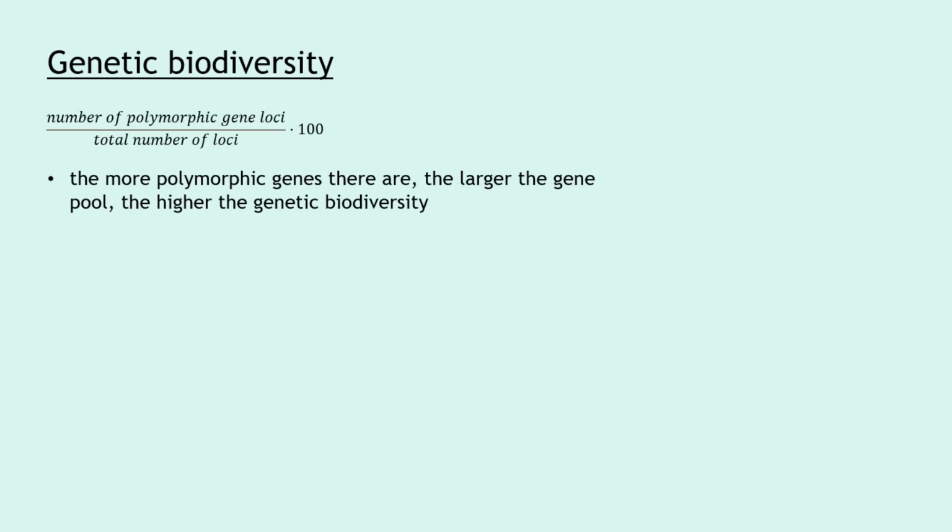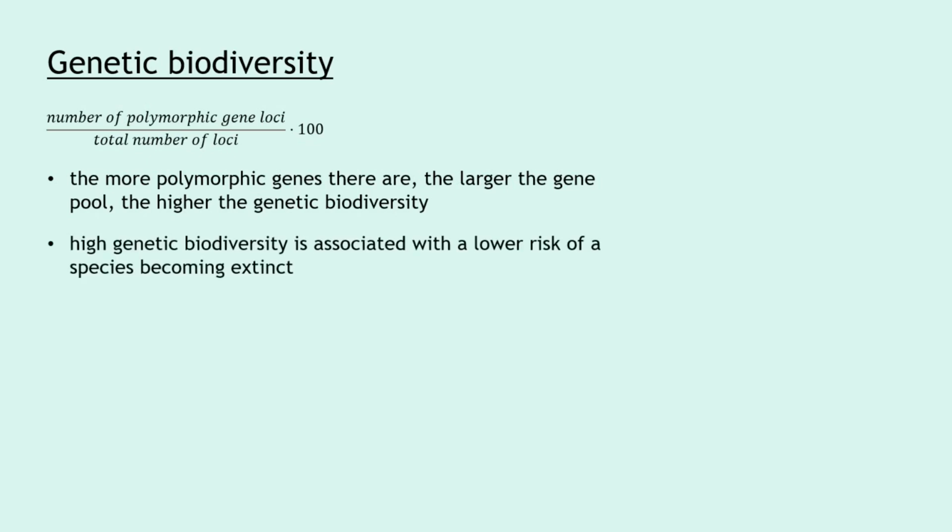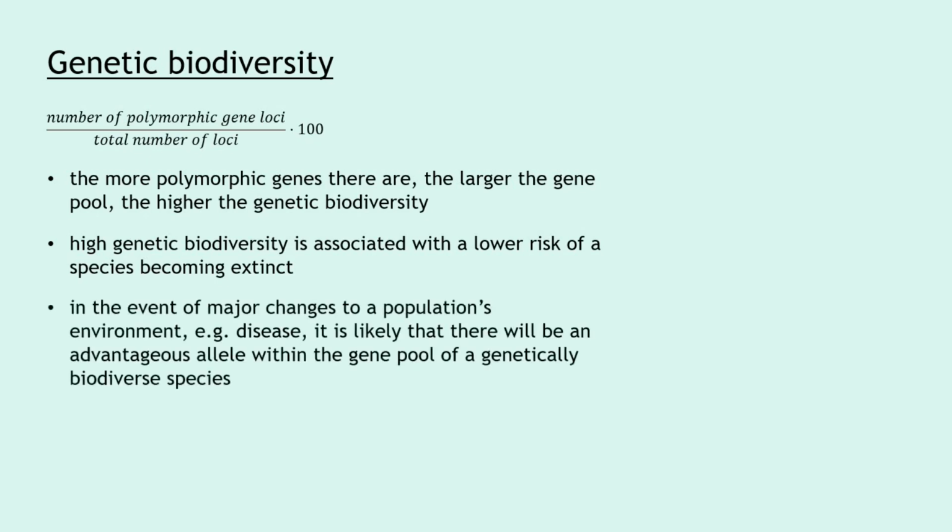So let's return to this key idea that high genetic biodiversity is associated with a lower risk of a species becoming extinct. Think about a major change to a population's environment. Some new, very harsh selection pressure, some new disease maybe. This is the classic example.